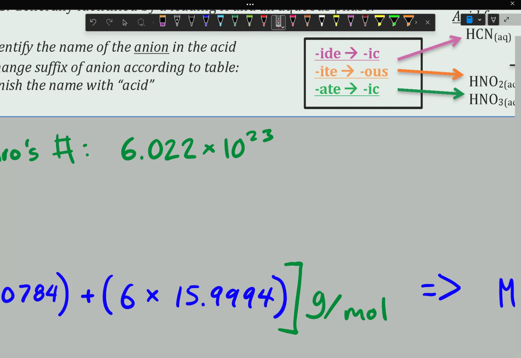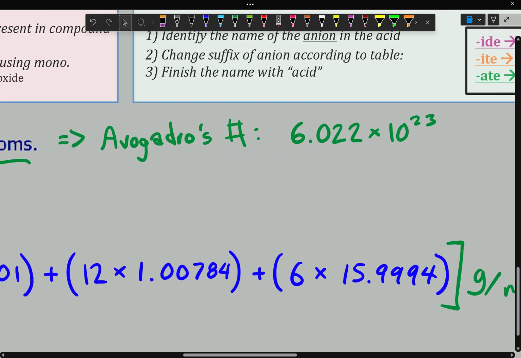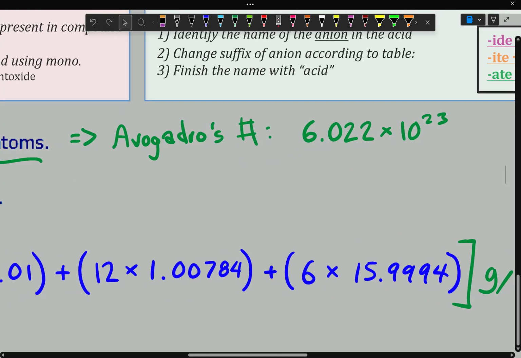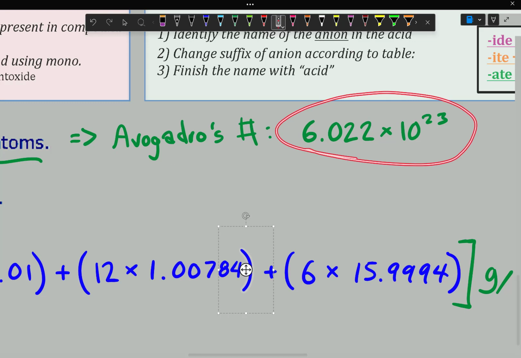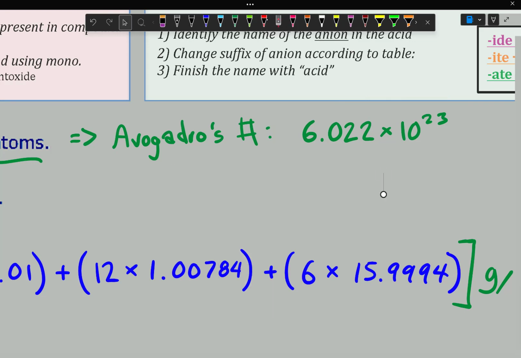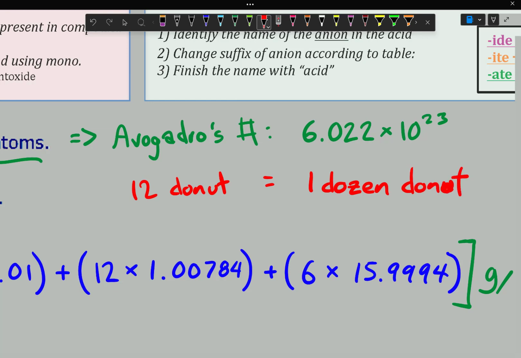But the point of Avogadro's number is that it represents a mole of something. Just like, for example, if you have 12 donuts, you have 1 dozen donuts, if I could spell.